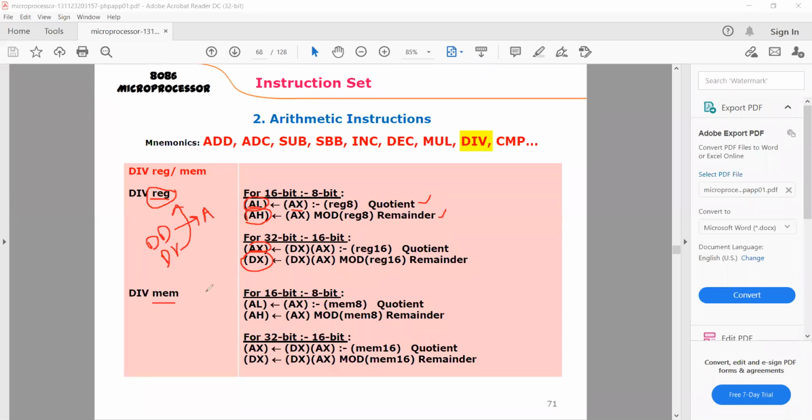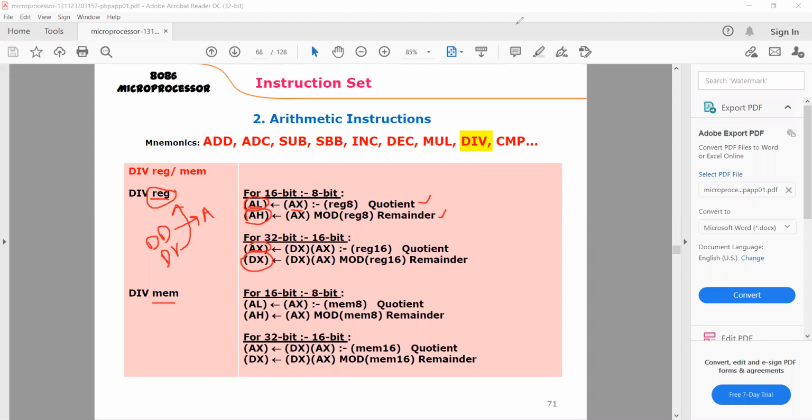The dividend will always be in the accumulator, whether the divisor is in a memory location or a register. The only difference is the divisor location.